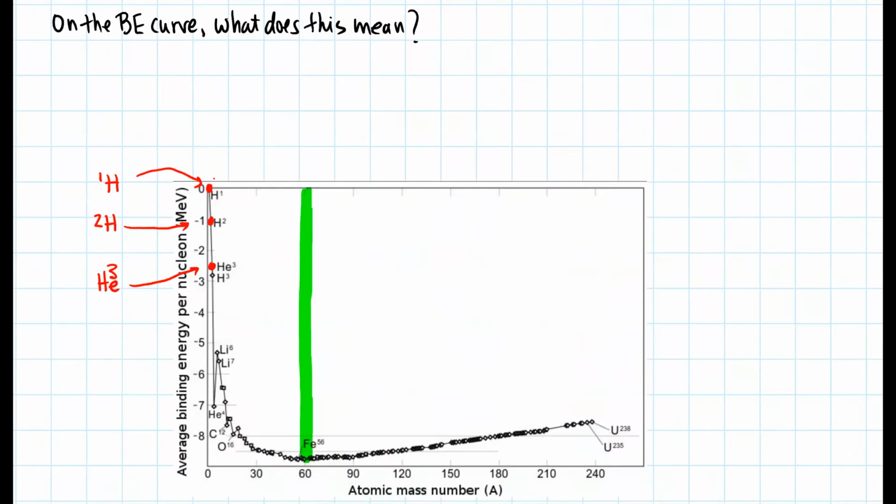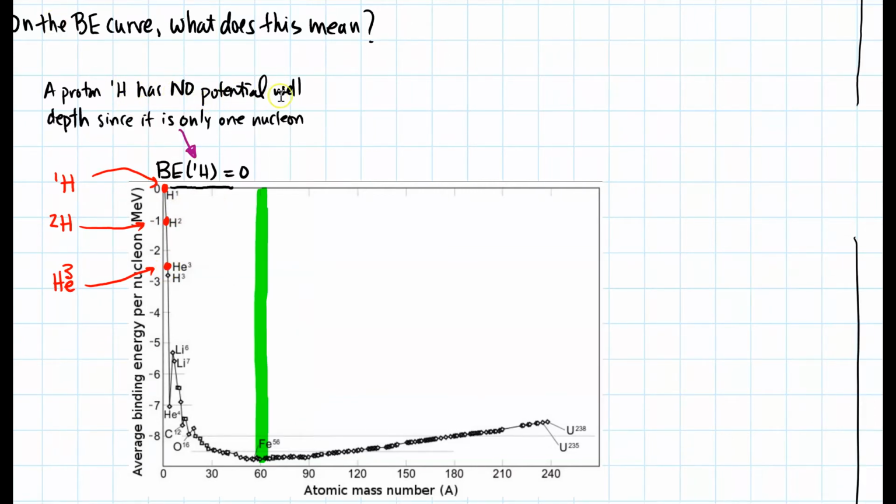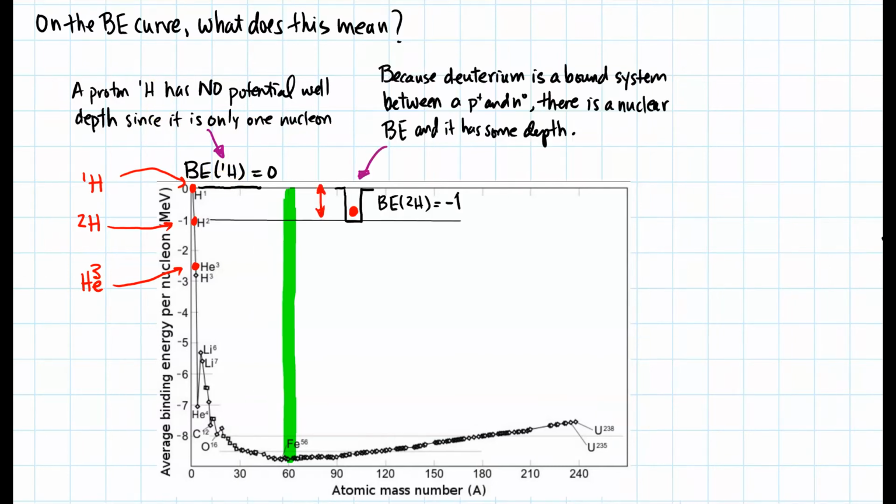The binding energy curve, what does this mean? Note that I have hydrogen, I have deuterium right here, and I have helium-3 right there. A proton has no potential well depth since it's only one nucleon, so we know that the binding energy of a proton is equal to 0. Because deuterium is a bound system between a proton and a neutron, there's a nuclear binding energy and it has some depth.